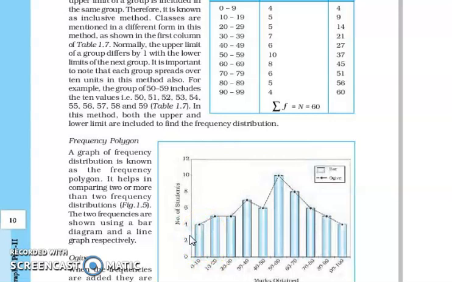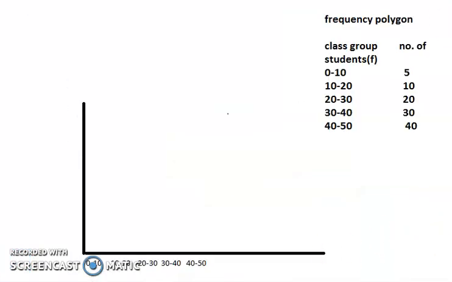Now in the exam we need to draw the frequency polygon. How to draw the frequency polygon? Let's see. This is a problem. This problem will be given to you: draw a frequency polygon. First of all, a class group will be written, suppose the class group of the students, and then the number of the students, that means the frequencies.